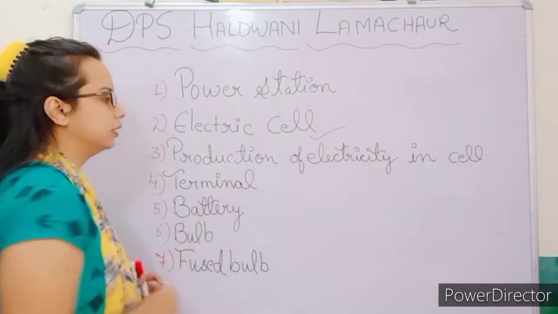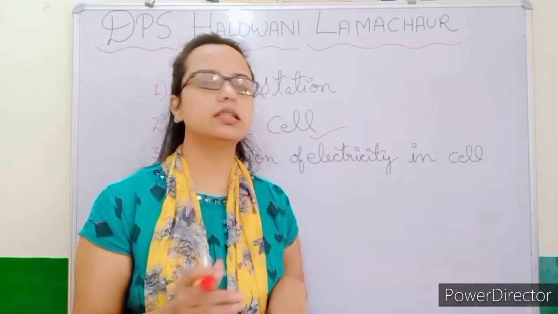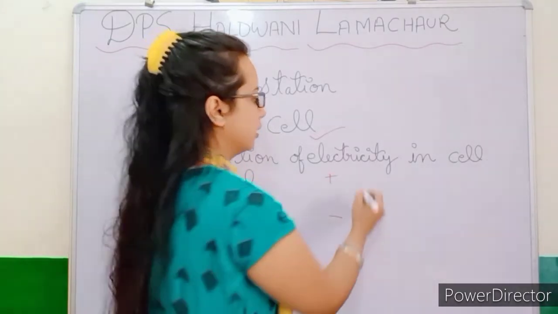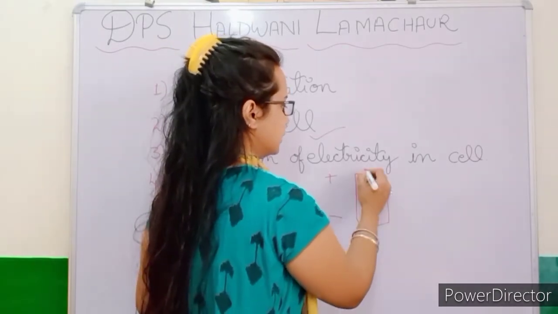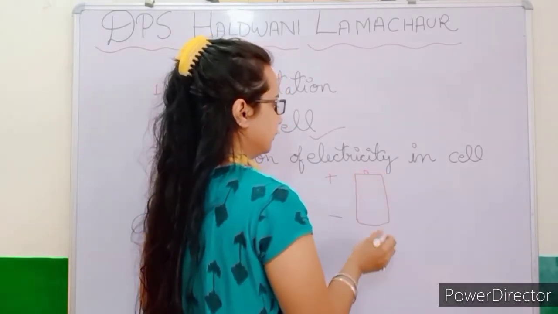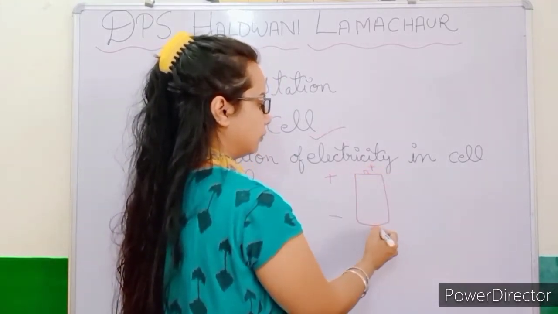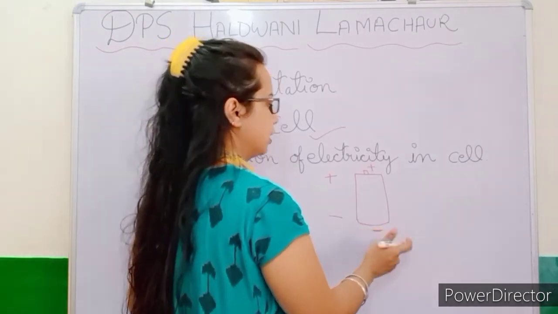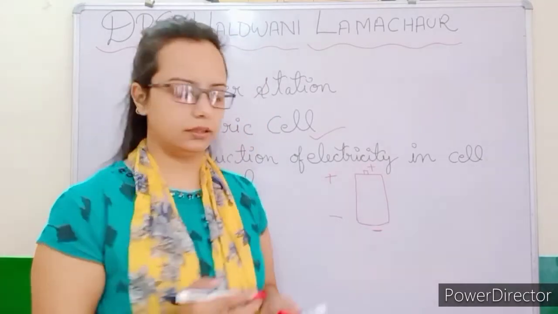Next one is the terminal. In a cell there are two terminals, the positive and the negative. I showed you the cell structure: the upper one is positive and the lower one is negative.